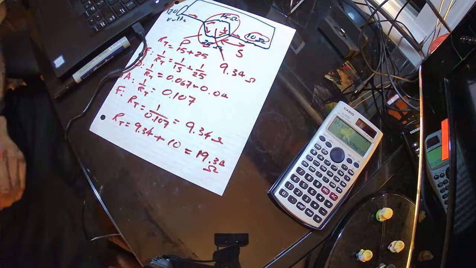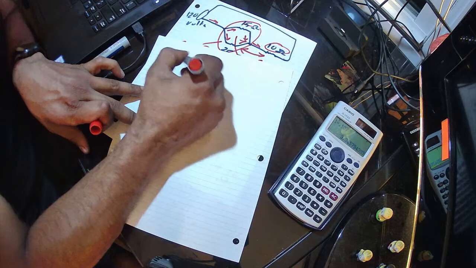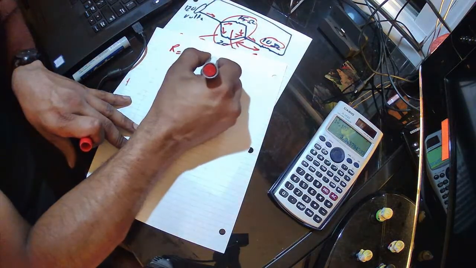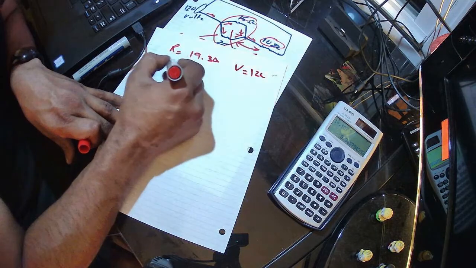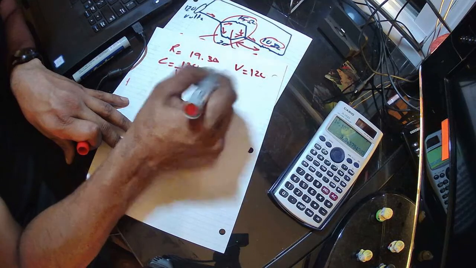So this is my circuit resistance. I'm going to write it here. Resistance equals 19.34. Voltage is 120. Current will equal 120 over 19.34.